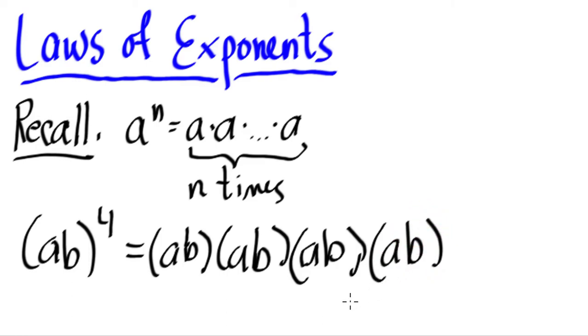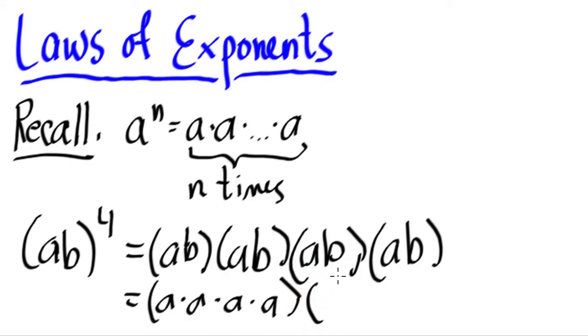Now, notice that we can regroup this and collect all the A's and collect all the B's and put them in a single grouping, in a single set. So we can write this as A times A times A times A, and then we will also collect all the B's.